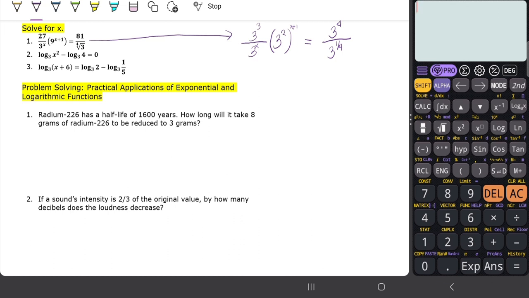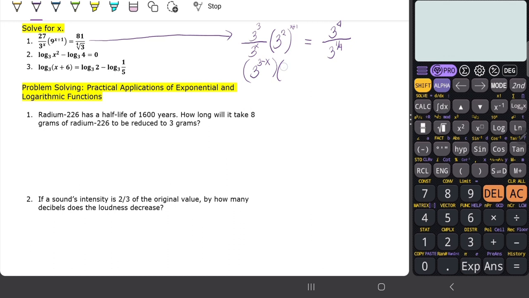Now, simplifying the left side of your equation, so 3 cubed divided by 3 raised to x. So, to make this as a single term, this is 3 raised to 3 minus x. So, sinubtract natin yung exponents. And for this one, 3 squared raised to x plus 1, gagawin natin ay i-multiply yung exponent.